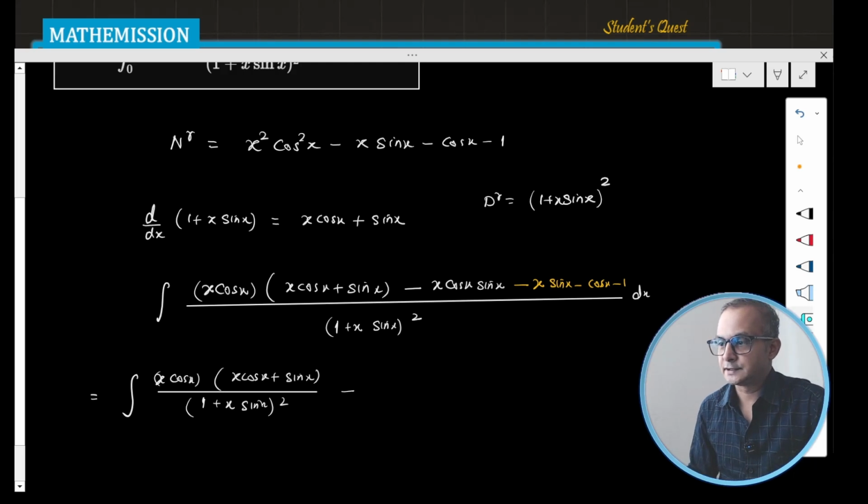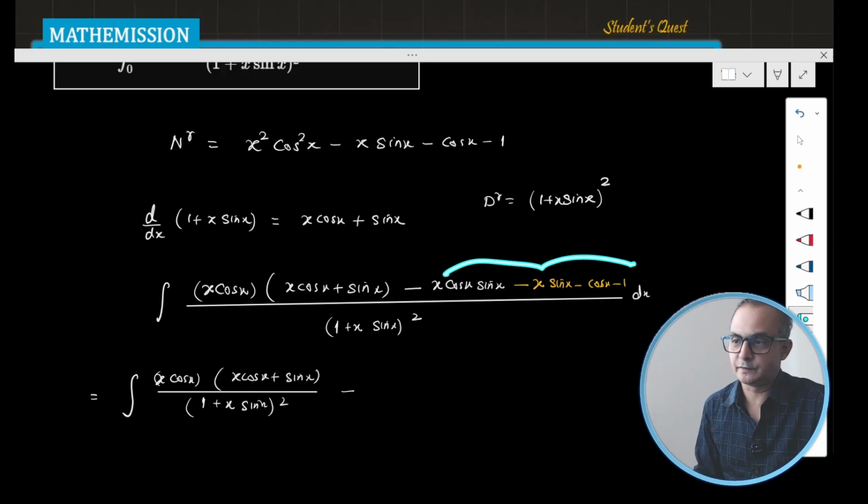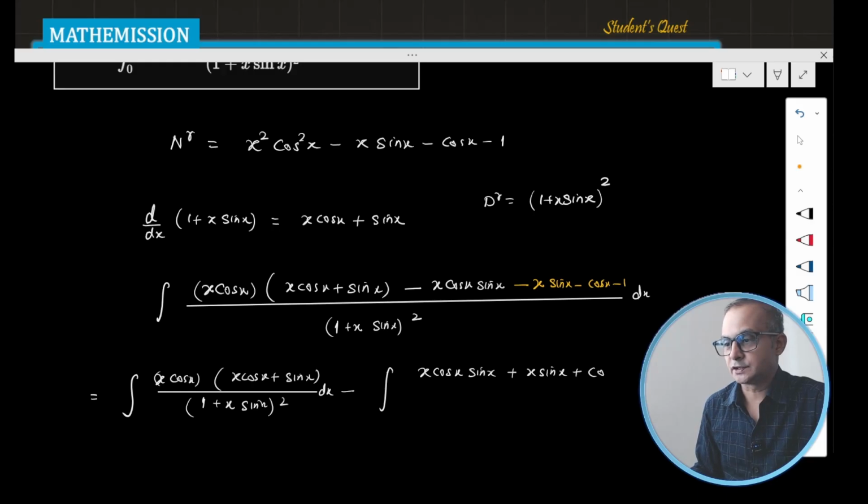And in these four terms, from each of them I take the minus sign out. And by the way dx is here, don't forget, and there I have x cos x sin x plus x sin x plus cos x plus 1, and that is again over 1 plus x sin x the whole square.